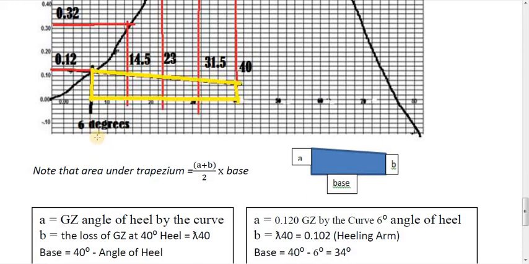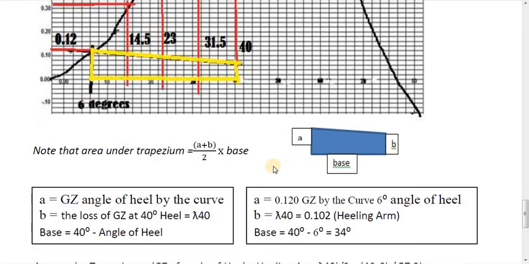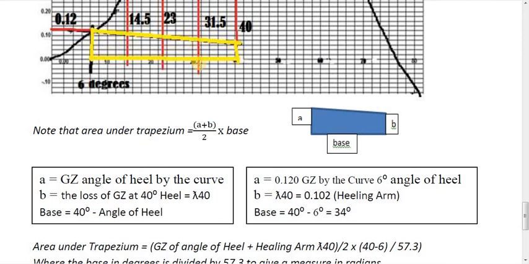So we have the 6 degrees equivalent as side A and side B, which is 40 degrees. Divide by 2 multiplied by the base. The base is the distance in angle from 6 degrees to 40 degrees, so that will be 40 minus 6, which is 34 degrees. This is the area under the trapezium of concern.